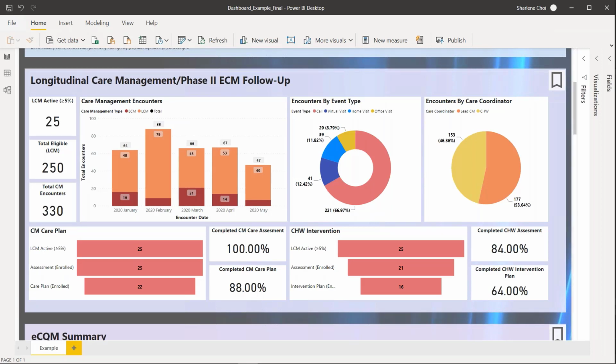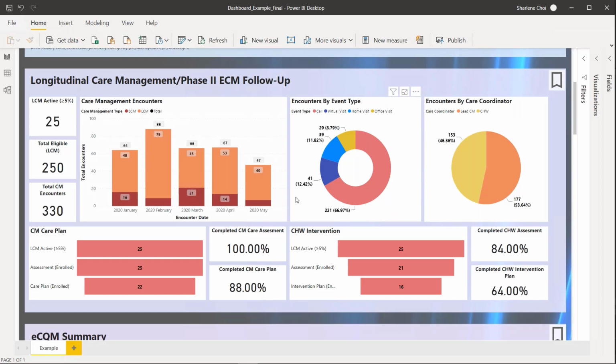This relates directly to the graph right beside the counters, the care management encounters graph. It shows the encounters conducted by members of the care team that provide care management, in this example the lead care manager and the community health worker.